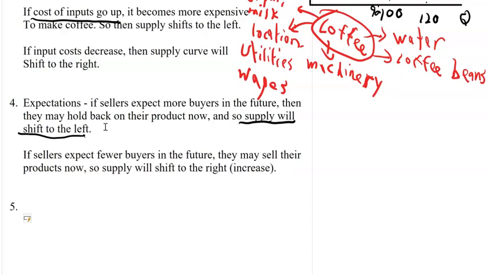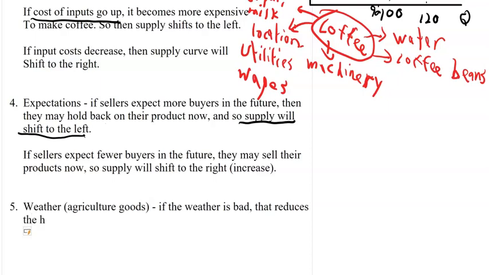Finally, some books include weather, and this is true for agricultural goods. If the weather is bad, that reduces the harvest of some crops. Let's say the weather is bad and there wasn't enough rain, then the harvest of rice or coffee or other agricultural produce may decrease because of that, and so their supply will shift to the left.